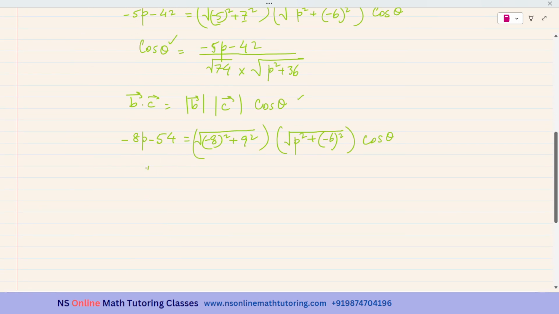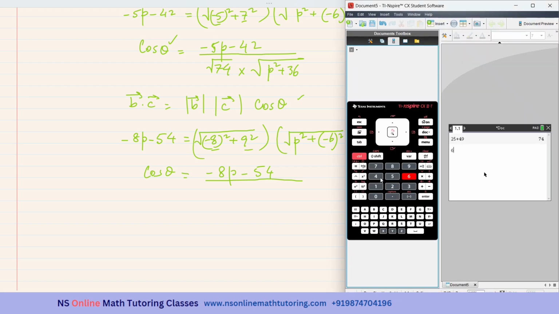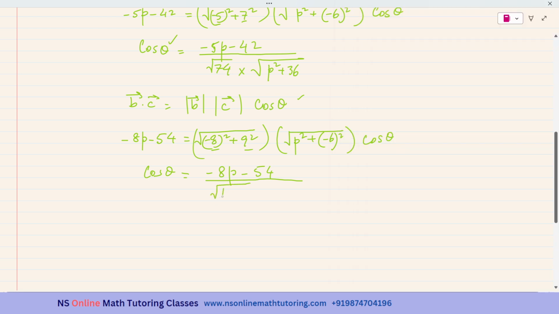So cos theta is equal to minus 8p minus 54 over, this is 64, this is 81. Let us add them. 64 plus 81, 145, times the square root of p squared plus 36. Okay, and now I'll be equating these two.